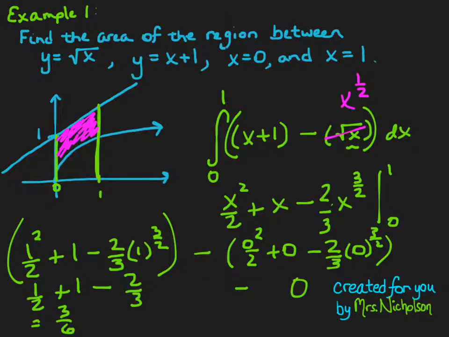So I have 3/6. 1 would turn into 6/6, and then minus 2/3. 2/3 would be 4/6. And 3 plus 6 is 9 minus 4, 5/6. And so finally we have an answer here, 5/6, the area of our region.